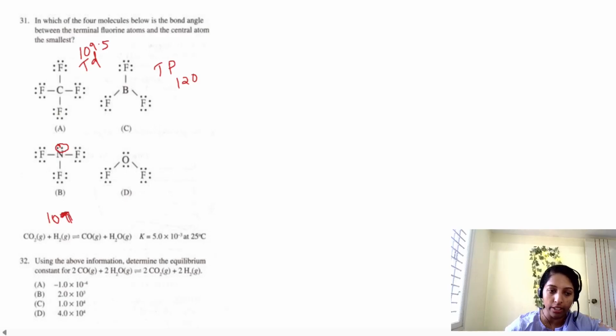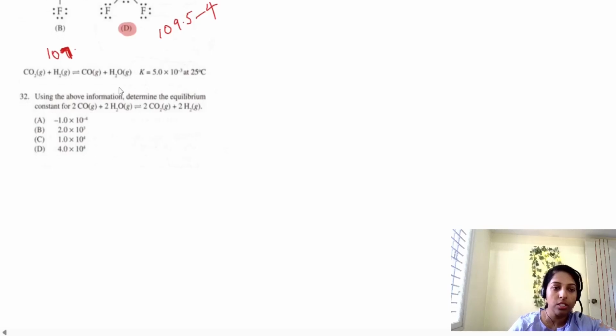The original tetrahedral bond angle is 109.5, so you can reduce 2 degrees. Here again 4 electron clouds, so 109.5, but two lone pairs are there, again you can reduce some 4 degrees. So which is the lowest one? Yes, D option, correct?